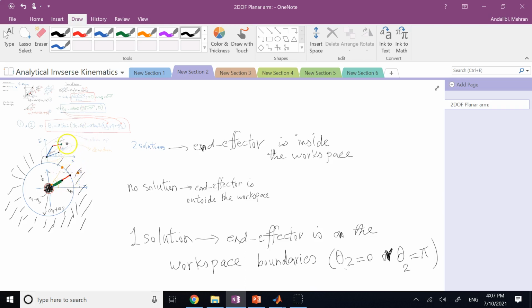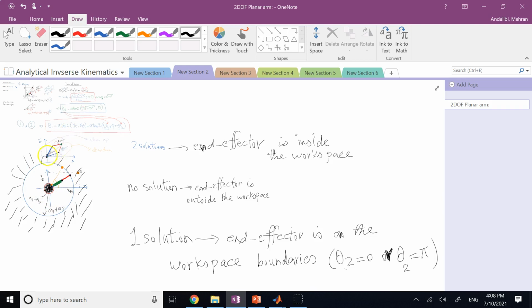If I give you this point and I say reach it, you can, but all the orientation you can have are determined by this member number 2. That's the angle of 2 plus 1 or minus 1 in general, right? So the orientation here is not under your control. So here, any point in this workspace is pure reachable workspace.